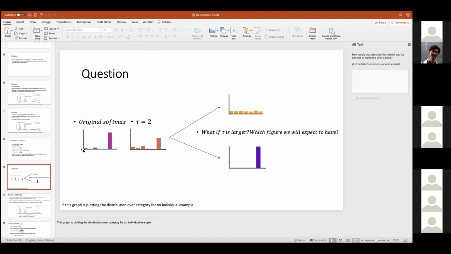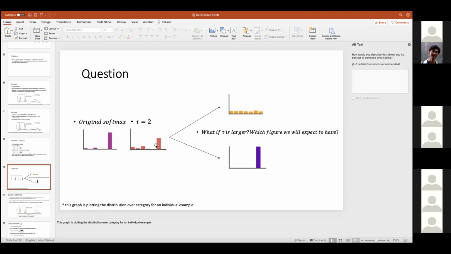For example, this graph is the distribution over categories for the softmax probability for an individual example. You can see that if we use the original softmax, then one probability gets very high weight. But if we add the temperature, then the weights are spread to other classes, so it becomes more evenly distributed.